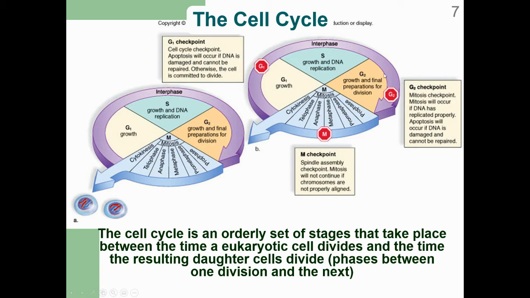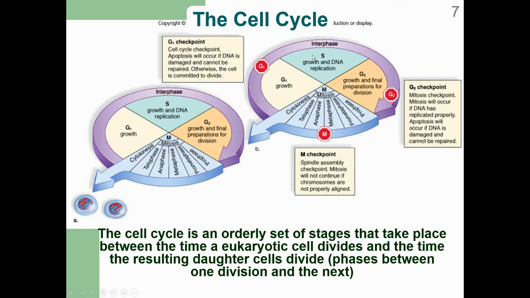Some of the proteins I need are enzymes. Some of these are to organize and help divide my DNA into two. So all of this portion here, the cell is not really dividing. It's doing its job, and then it gets ready to divide.